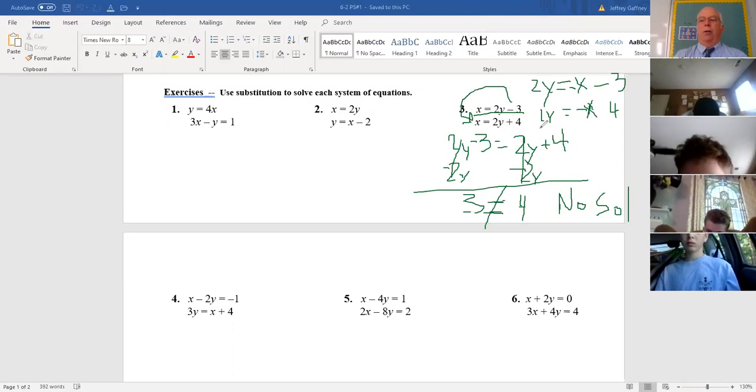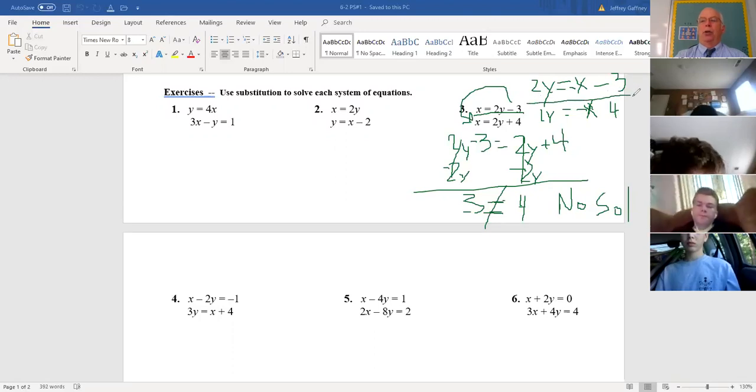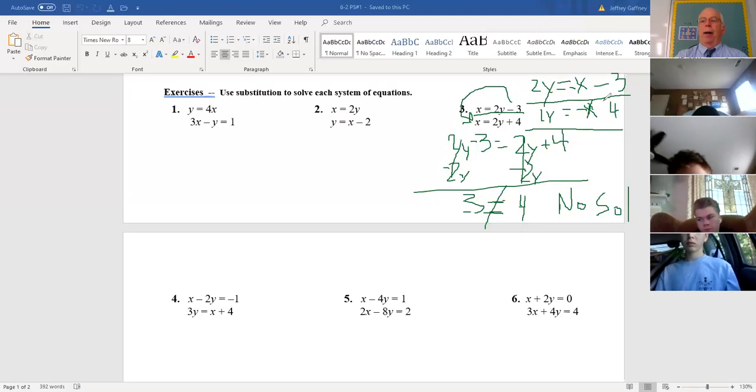All I did is move the x over to the right side of the equation and the y's to the left side. Then I put it in slope-intercept form and divide each side by 2. I get y equals -1/2 x minus 3/2 for the top one. I'm not going to rewrite it because it's going to get really messy. And I get y equals -1/2 x plus 2 for the bottom one.